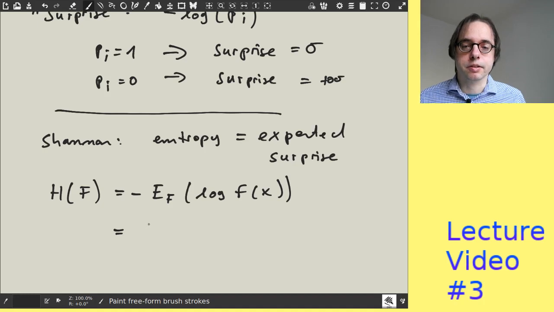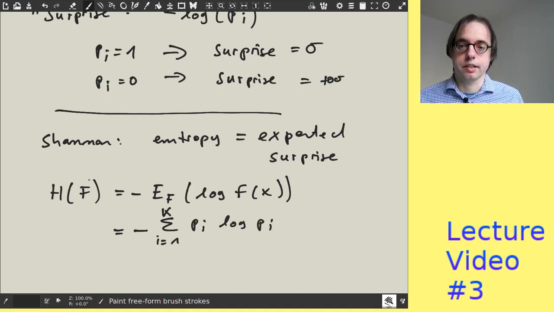Because we have discrete probabilities, this is simply the sum over all possible states, minus p_i log p_i. So that's the Shannon entropy.